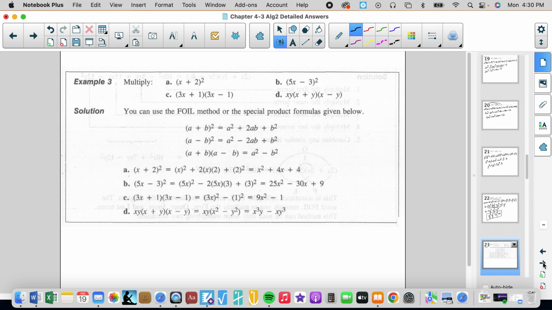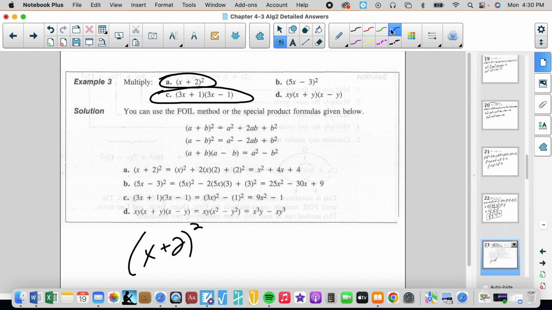All right, here are special cases. These are called binomial squares. These are called conjugates. Binomial squares, there's a problem with that. You have x plus 2 quantity squared. Remember how I said you could distribute exponents? You can into multiplication. This is addition.